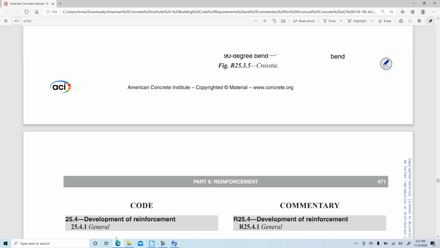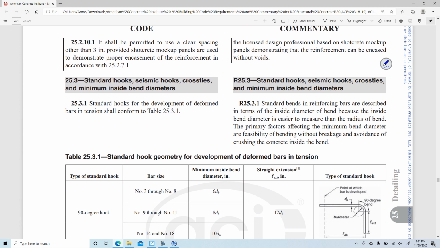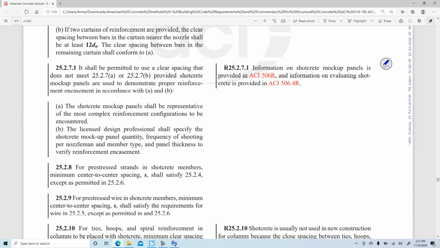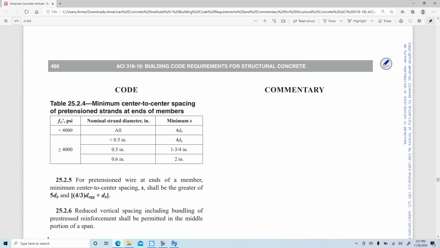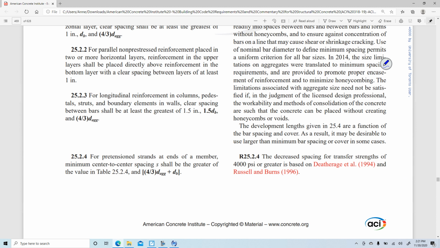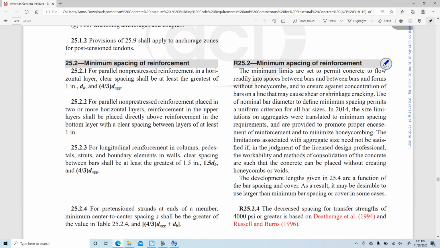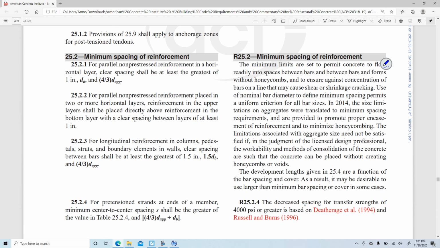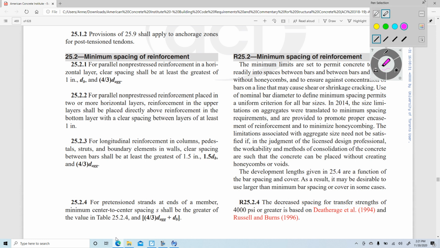Which I believe is just the same as beams, right? We have our minimum spacing of reinforcement. Oh, that's longitudinal reinforcement. No, it's not the same. This is for horizontal layers, so this is for beams.